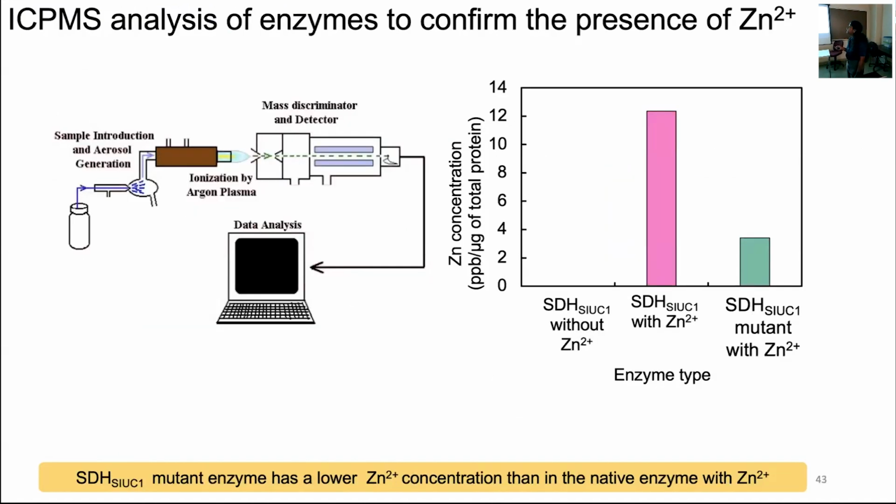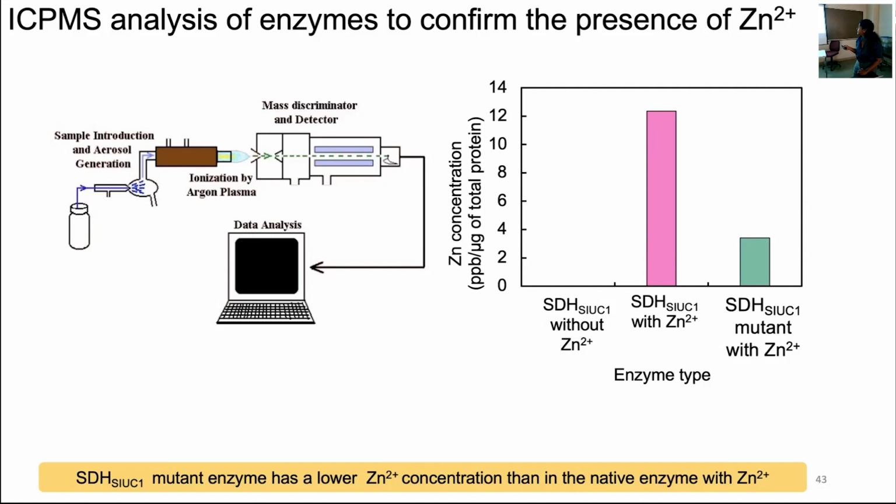So to further confirm that the enzymes carry zinc, we got help from the chemistry department to do an ICP-MS analysis of zinc in these 3 enzymes. According to that data, we observed that the highest zinc was present in the enzyme synthesized with zinc.